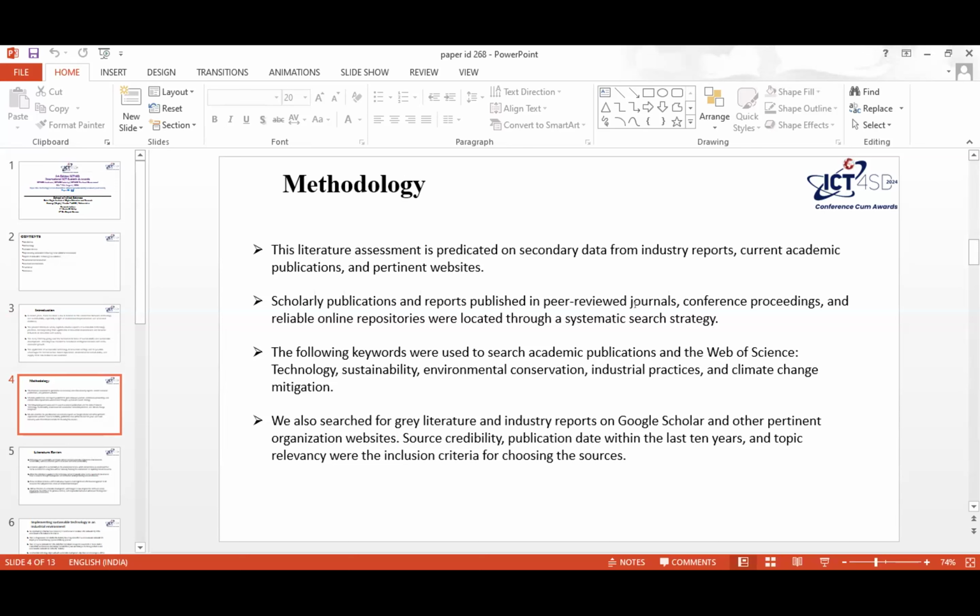The following keywords were used to search academic publications in the Web of Science: technology, sustainability, environmental conservation, industrial practices, and climate change mitigation. We also searched for grey literature and industrial reports on Google Scholar and other pertinent organization websites.